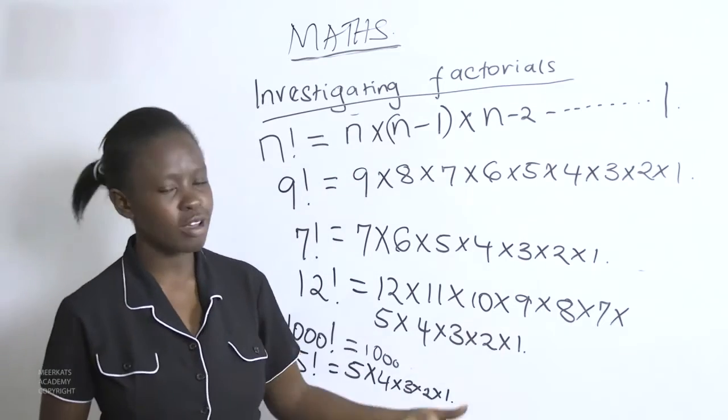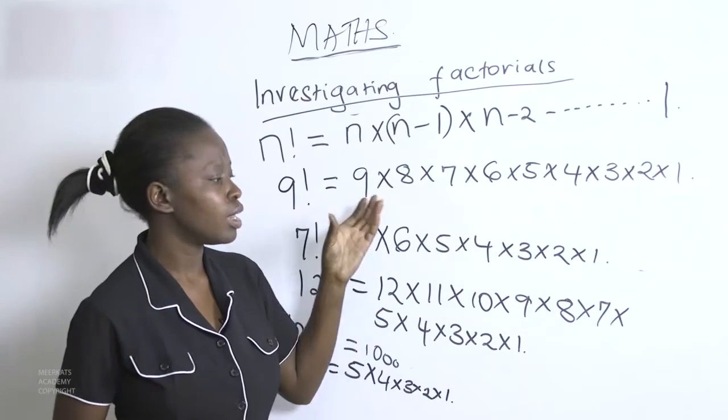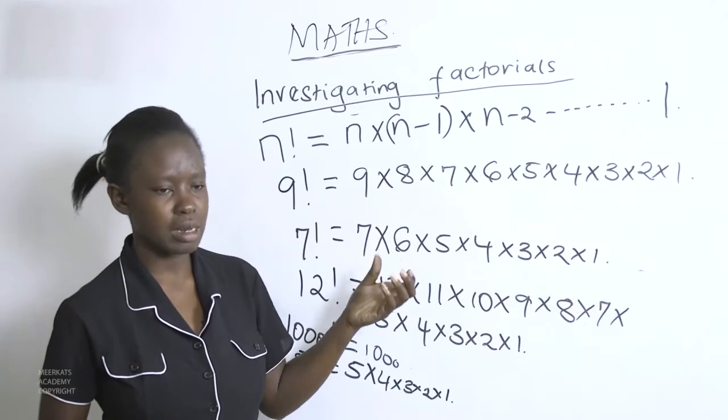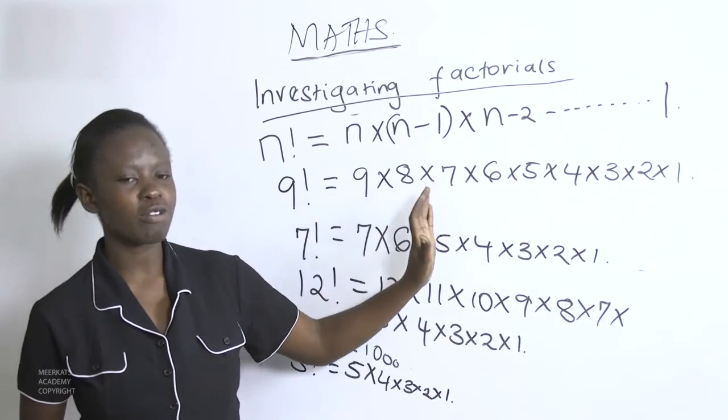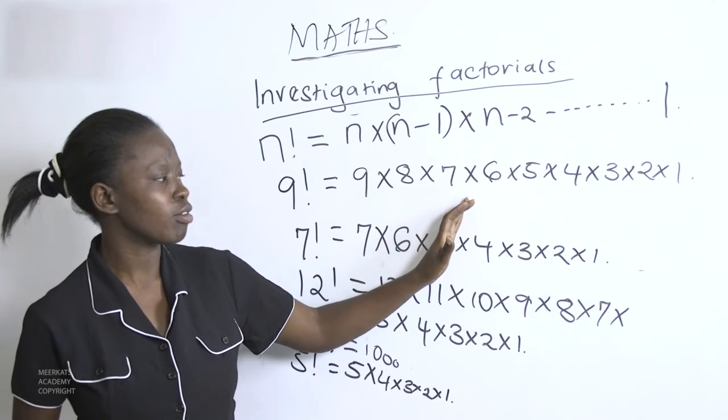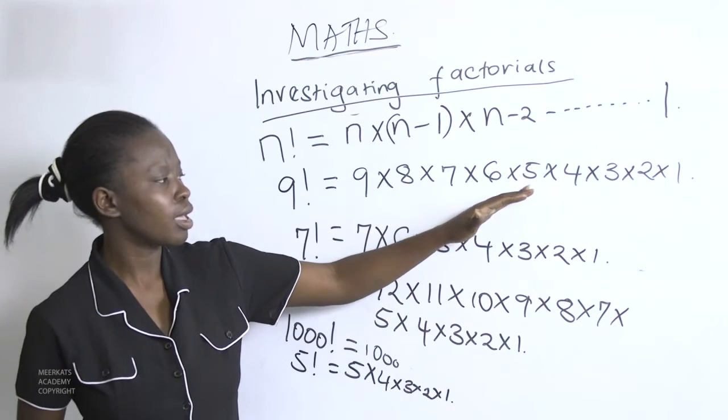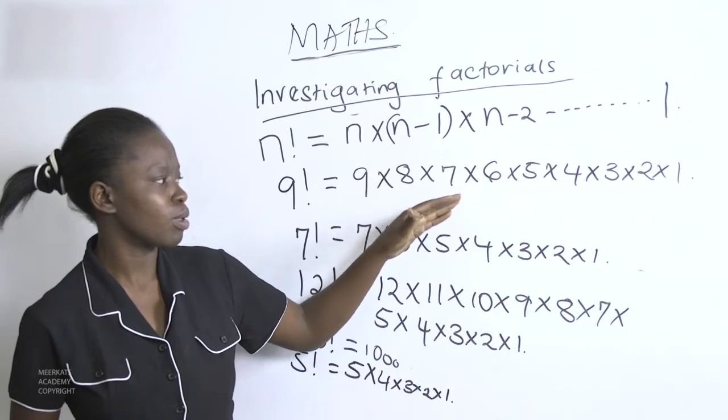Then when you are simplifying or evaluating numbers that involve indices or the index form, it means that you simplify whatever index form you've been given before you go ahead and carry out the operation that has been given.